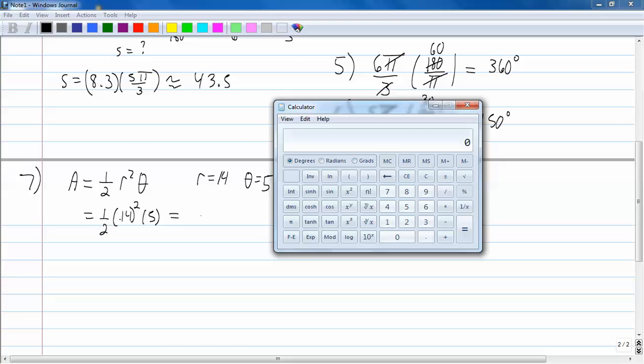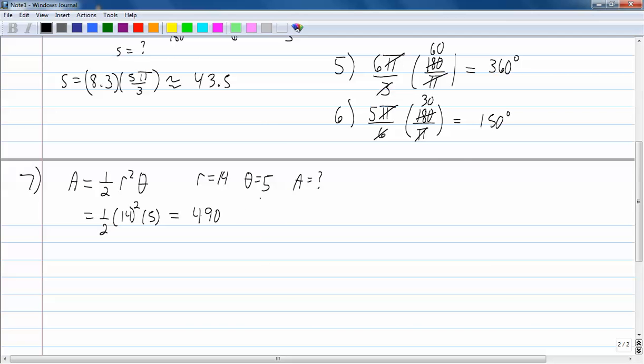So you could say 14 times 14, get 196, times 5 times 1, because that's the numerator of the fraction, and then divide by 2. So that is 490 square inches.